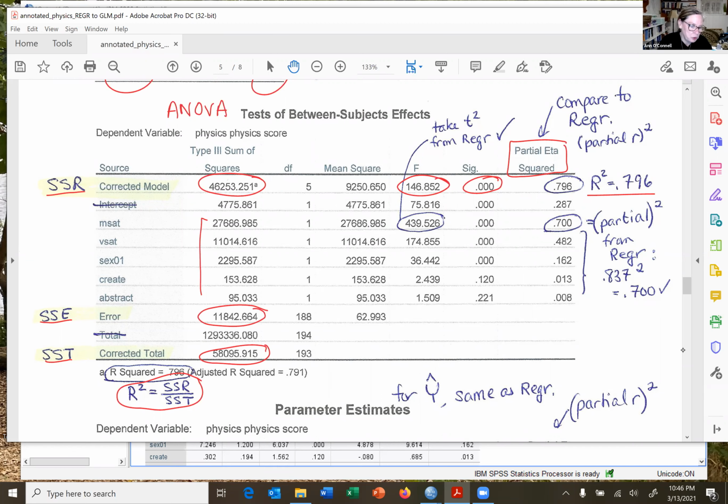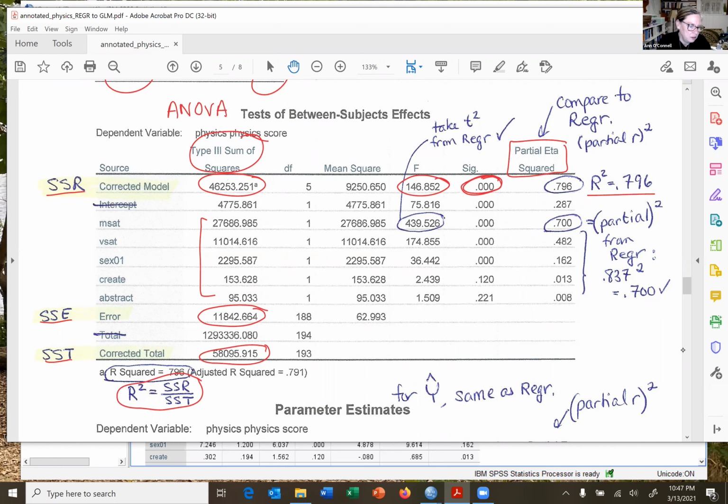Now, these sums of squares won't sum to the 46,253 because there's overlap in the variables, but that doesn't really interfere with our understanding of how to interpret the information in this table. So we have our 3 components of total variance in physics, and the sums of squares for the regression, we already talked about that, is statistically significant.